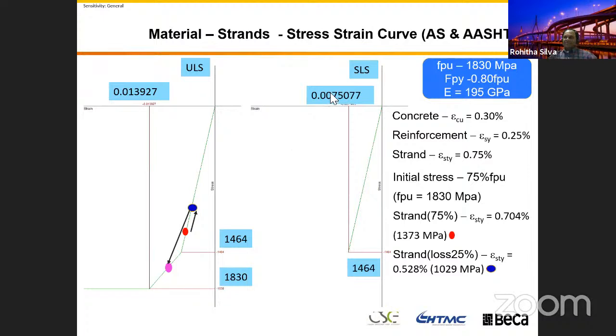Because when your strand is close to 80% of the breaking load, close to this linear proportional limit, you got a strain of 0.7. Your strain limit on your strand is 0.7.